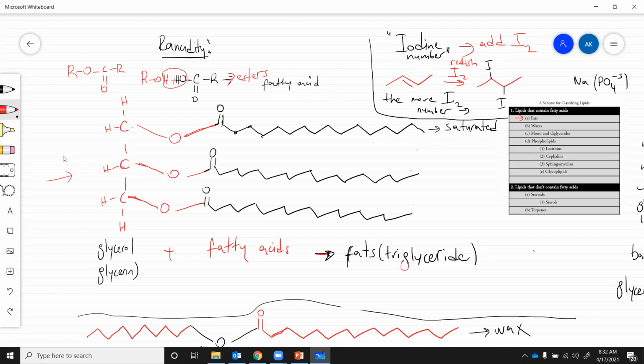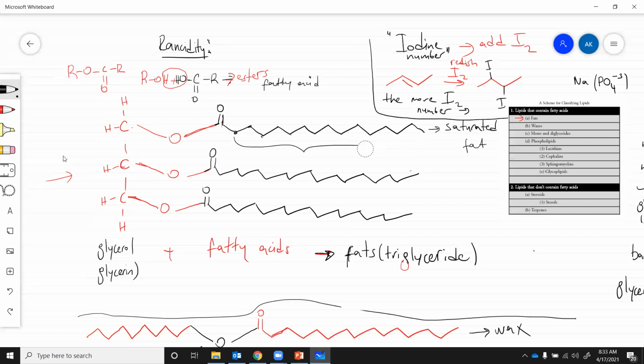Do you see any double bond in the fatty acid part on this carbon chain? No, there's no double bond. It's just the first carbon. Yep, there is no double bond, right? So because there is no double bond here, we're gonna call this a saturated fat, right? Because there is no double bond on my carbon chain. Make sense? That's why it's called a saturated fat, right?